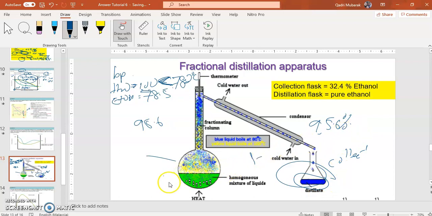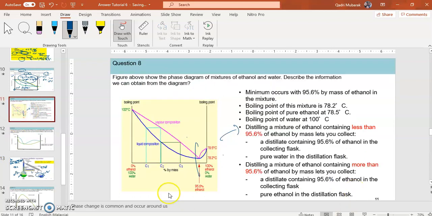While in this distillation flask, we will have 100% pure water.